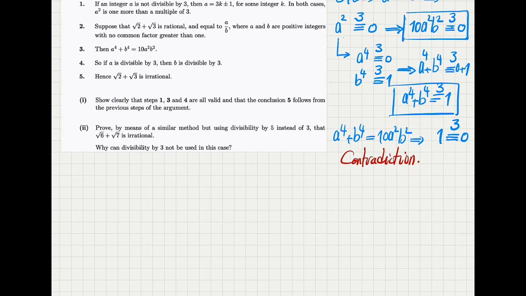I would say, assume that this is not the case, and square root of 2 plus square root of 3 is rational.